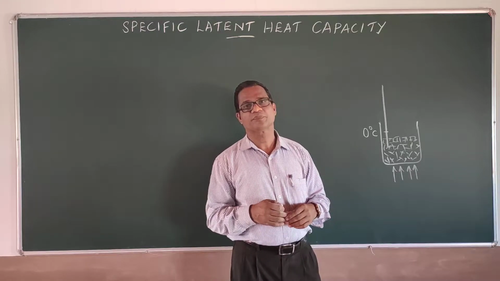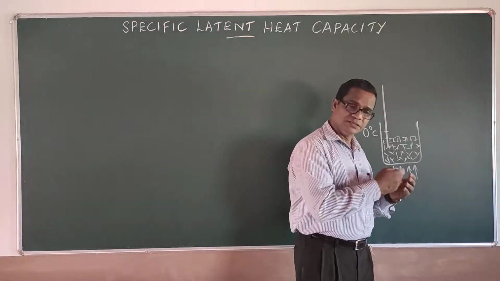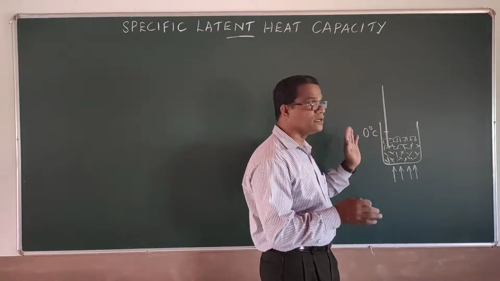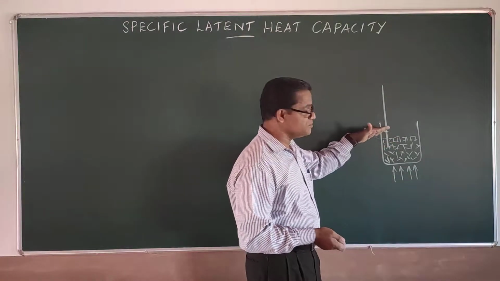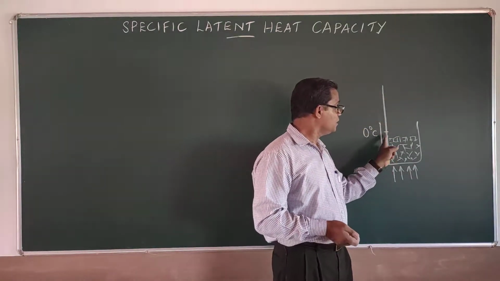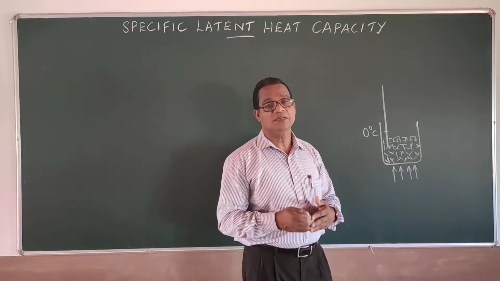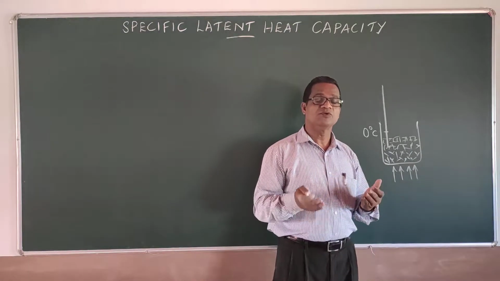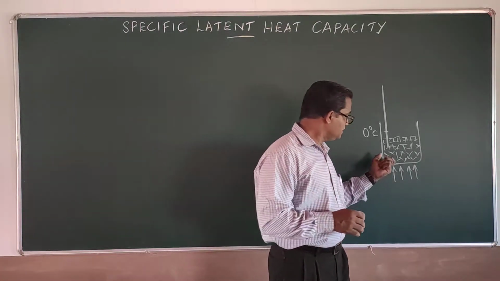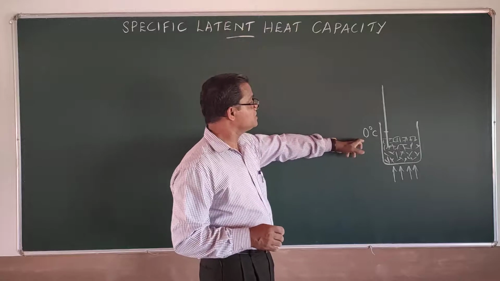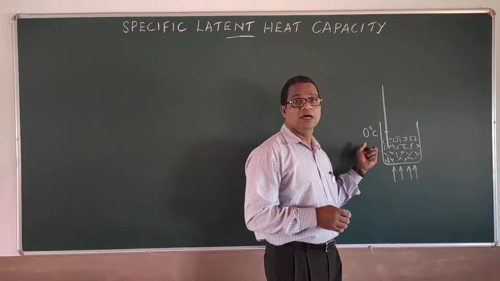So you are continuously heating the ice cubes, the ice is melting, but the thermometer reading stays the same, till the whole ice melts completely and converts into water. So melting of ice takes place at constant temperature. There is a temperature of melting of the ice.